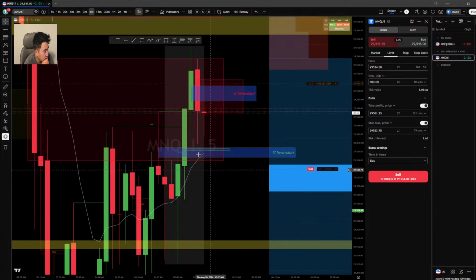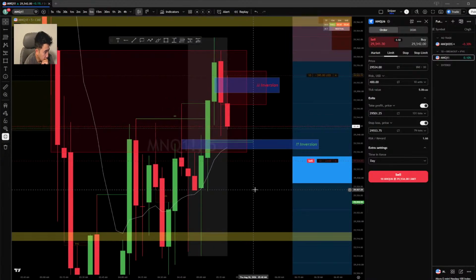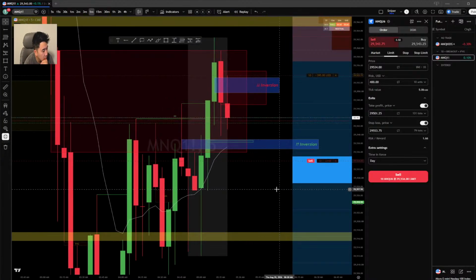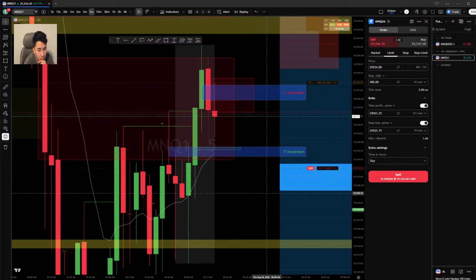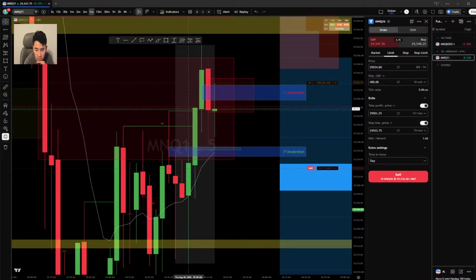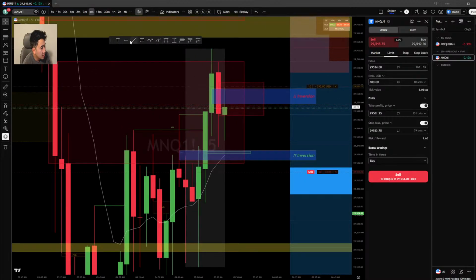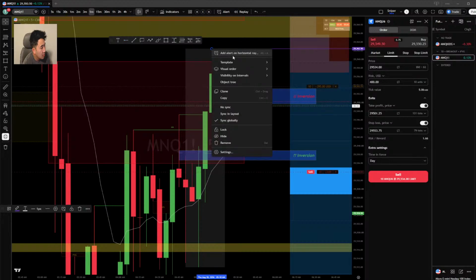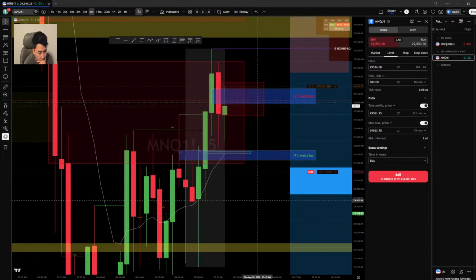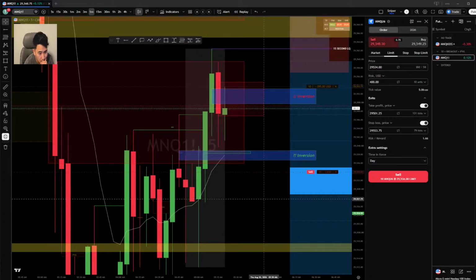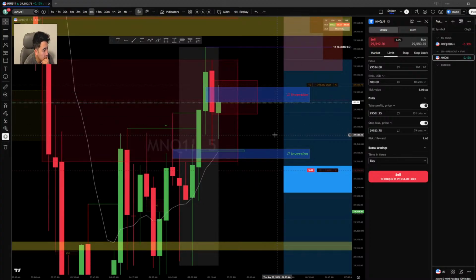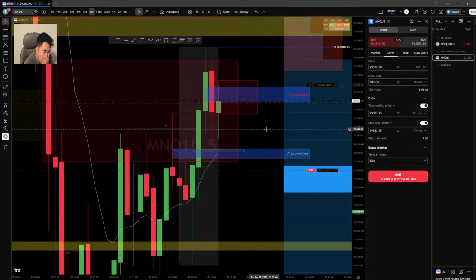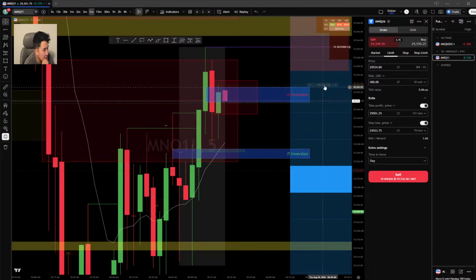See if we get that drop that we're looking for. We got 15-second liquidity sitting at the top here. And we'll just keep adjusting this candle high right here.